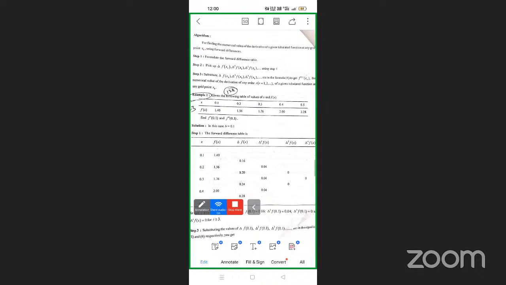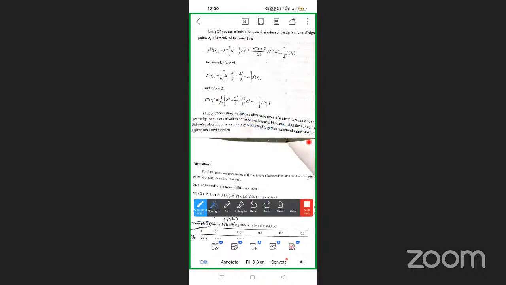This is the formula for the first derivative: f dash of xk, where xk is 0.1, equals 1 by h into delta minus delta square by 2 plus delta cube by 3 into f of xk.